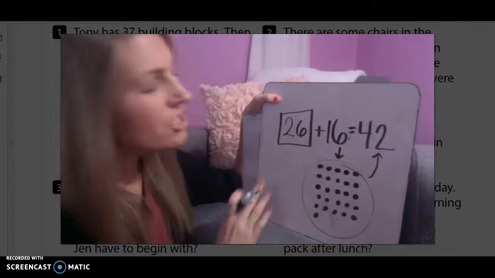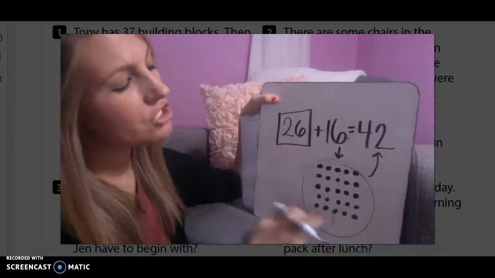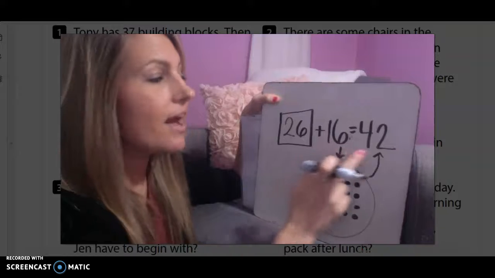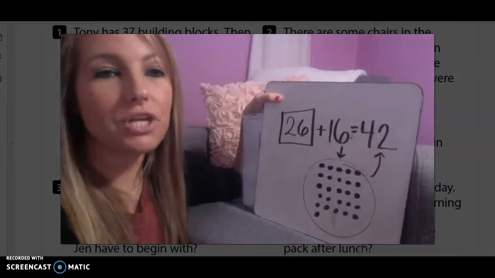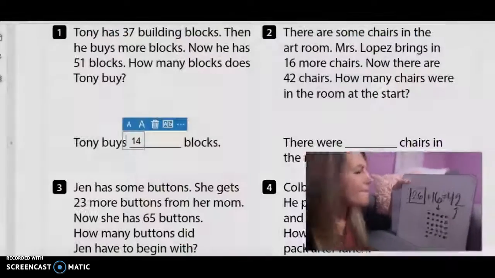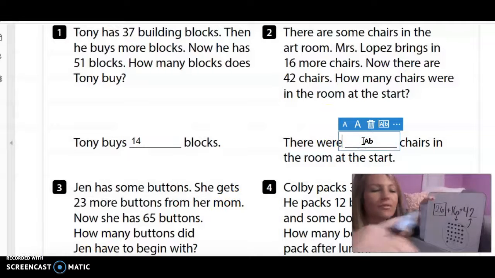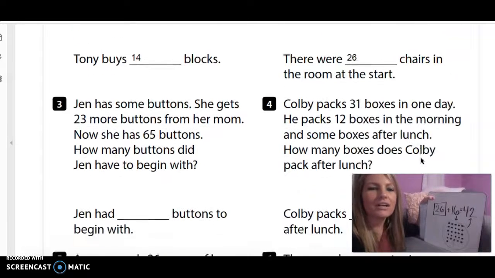So, she started with 26 chairs, she brought in 16 more chairs, and she ended up with 42 chairs. So I'm going to go back to my worksheet for number 2 and write 26. She started with 26 chairs.